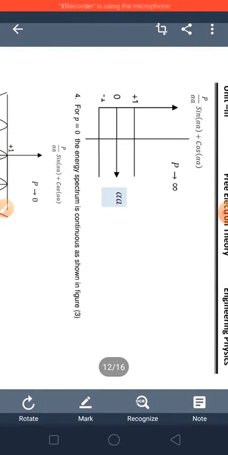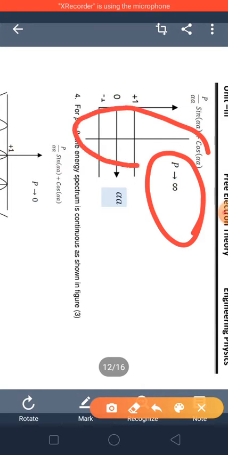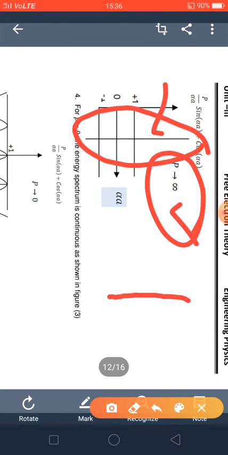As the second figure shows, if P tends to infinity, the allowed spectrum becomes narrower, it is not a band, and it becomes a line spectrum, that is, its width goes on decreasing as P tends to infinity.